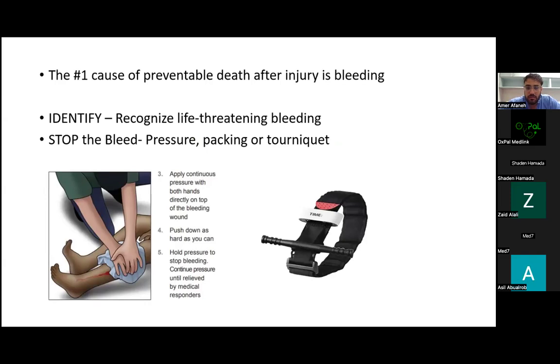So you want to teach that the number one cause of preventable death after injury is bleeding. And the key points here are teaching people to identify life-threatening bleeding, and then stopping the bleeding by either pressure, packing, or a tourniquet. And I'll go over tourniquets in a little bit.